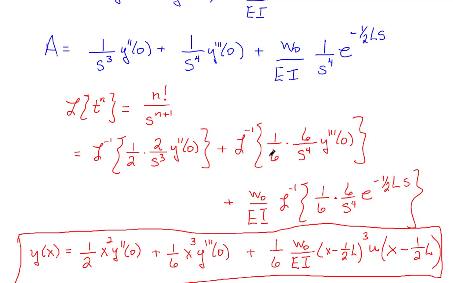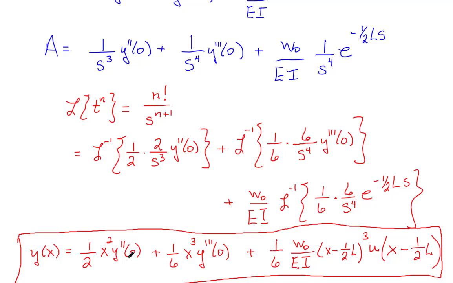For this term, the s to the fourth, I need a 6 because I need a 3 factorial, so a 1/6 here. And similarly on this term, I'm going to need a 6. For this piece, this is 1/2, my constant in the front. This goes back to x squared.